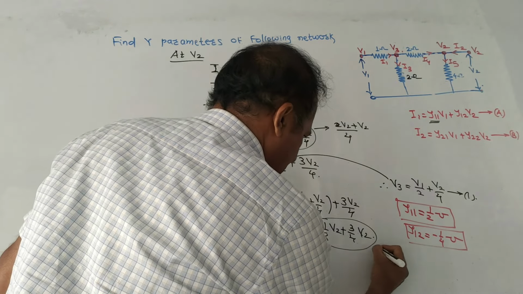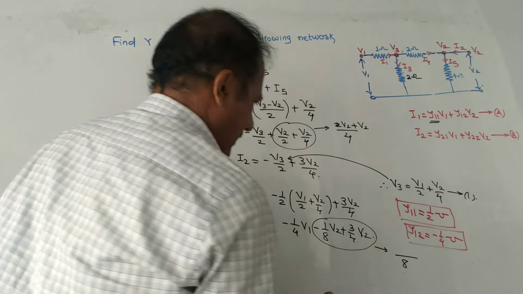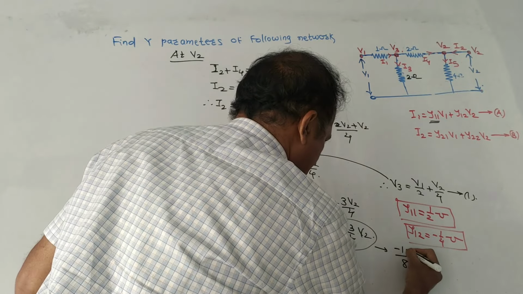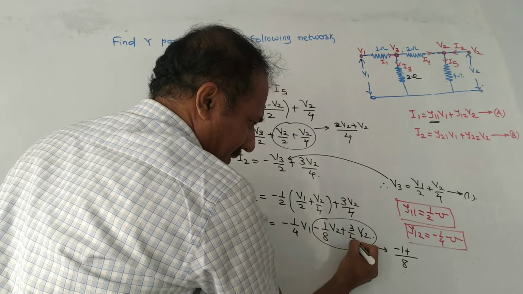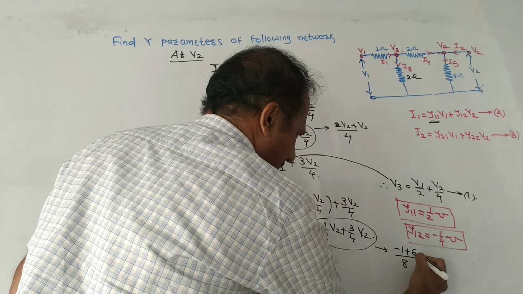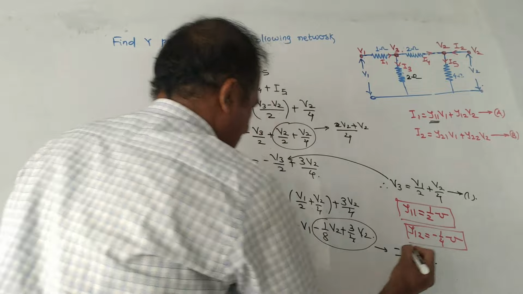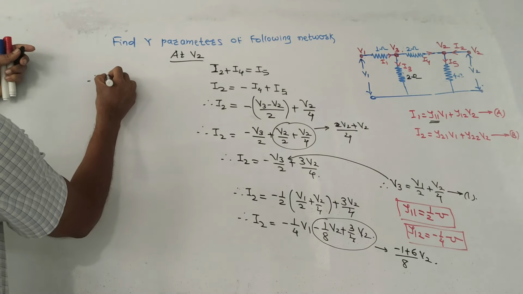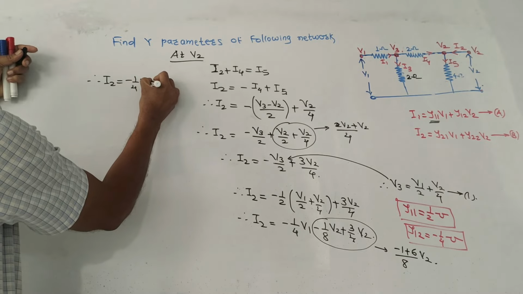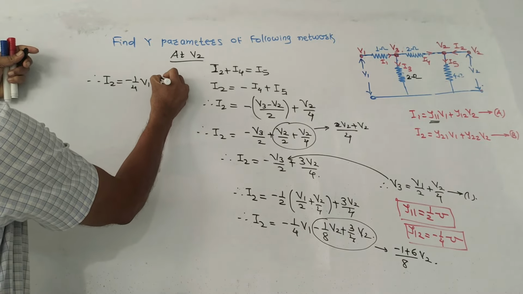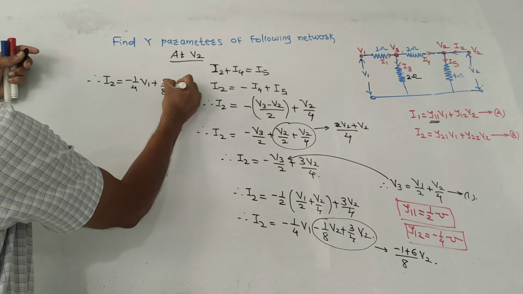So LCM will be 8. This is minus 1 plus this is 3 by 4, LCM is 8, so it becomes plus 6 into V2. Therefore, I2 can be written as minus 1 by 4 V1 plus 5 by 8 V2.